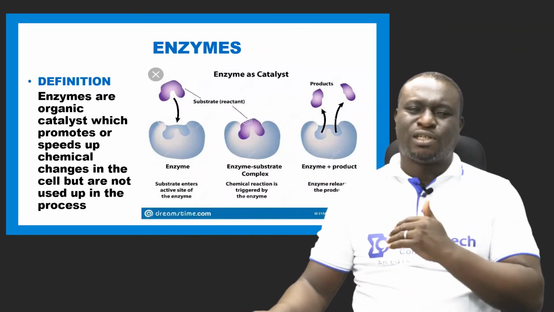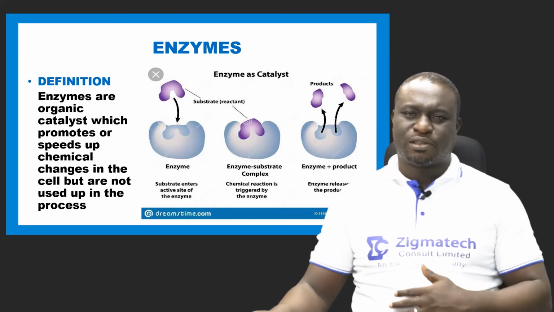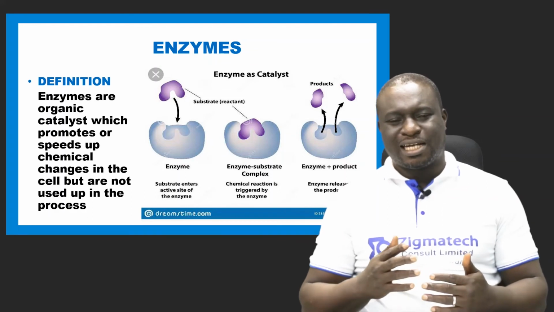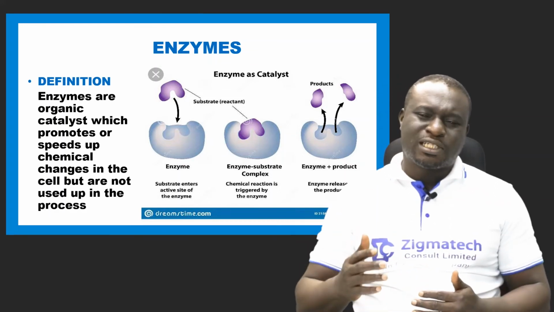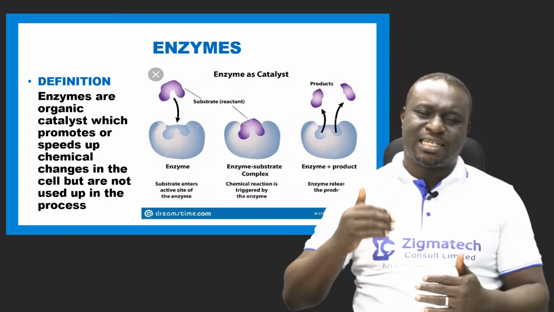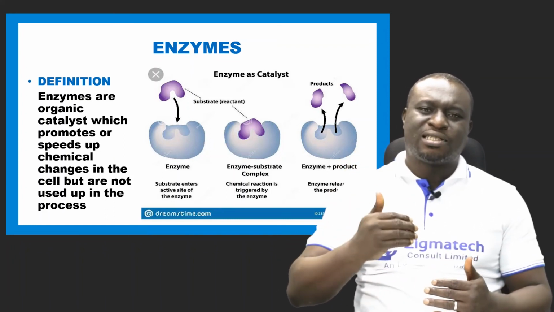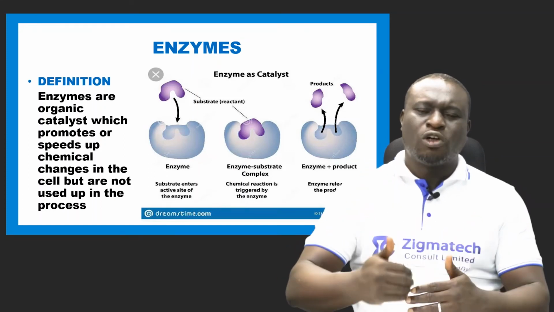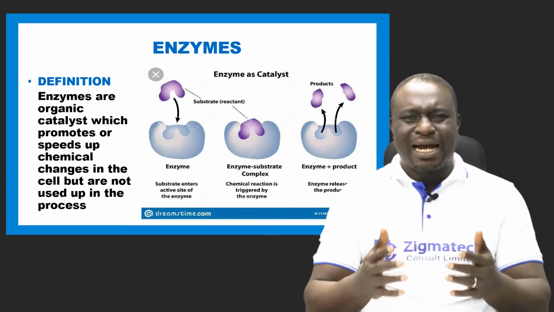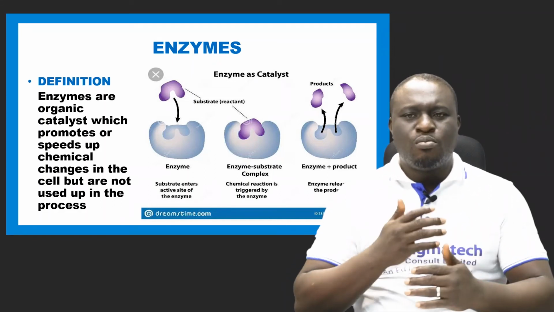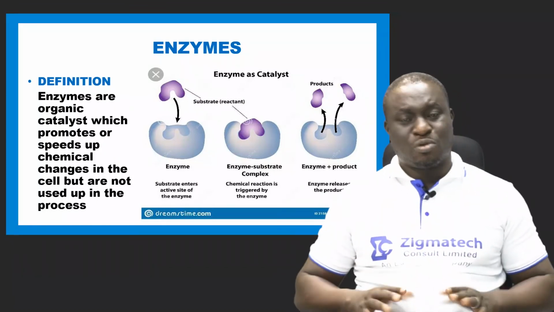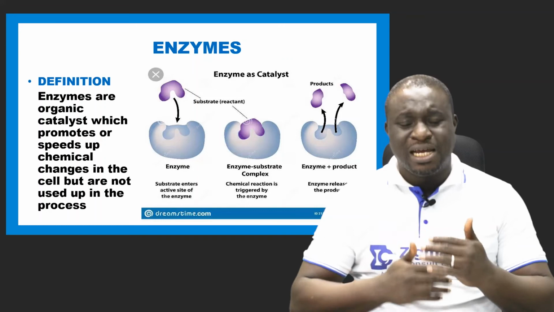And then enzymes. Now, if you could remember when we were discussing proteins as a class of food, we said that one of their importance is in the synthesis or production of enzymes and hormones. Now, what actually are enzymes? Enzymes are organic catalysts which promote or speed up chemical changes in cells, because there are always reactions that take place in the cells.